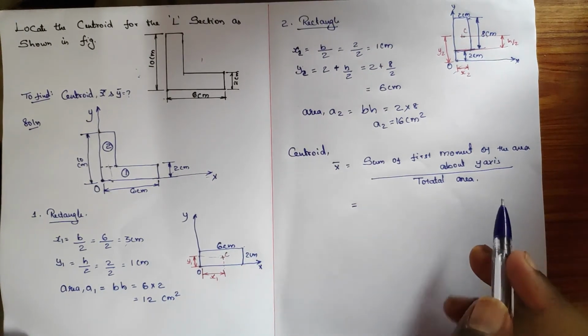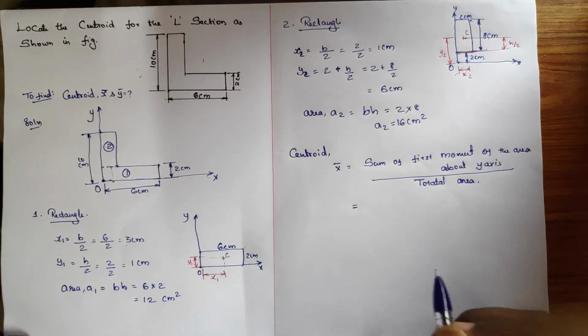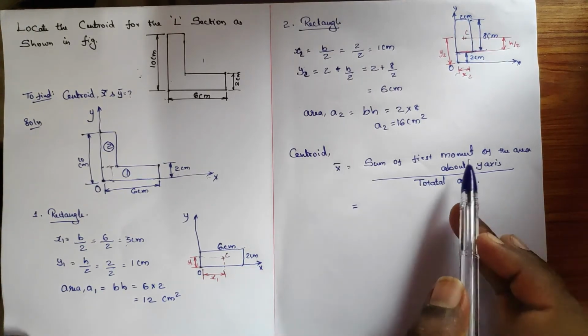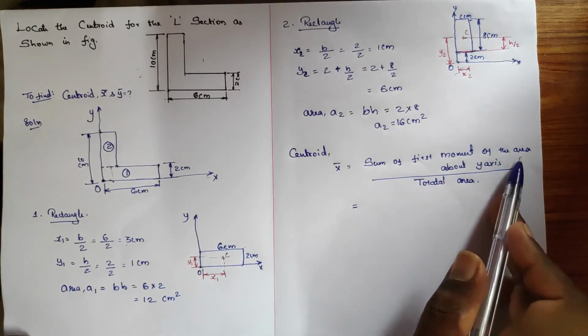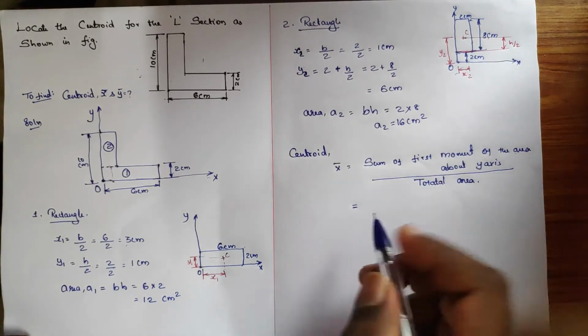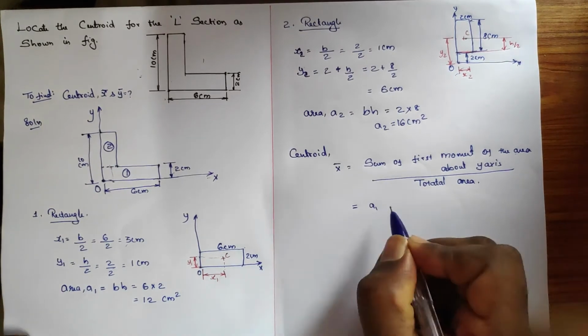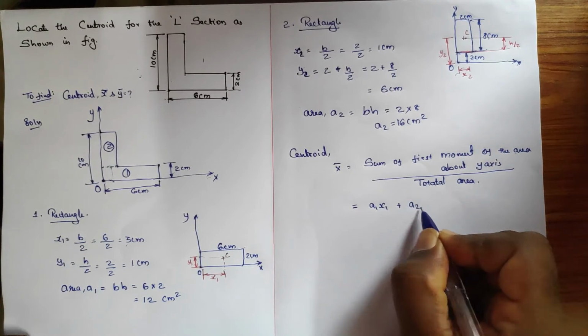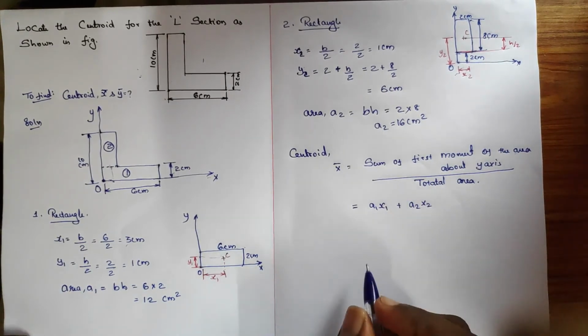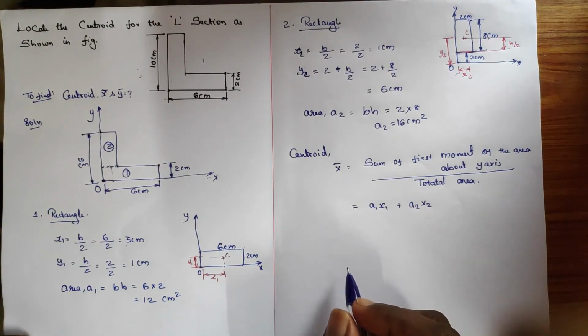Okay, so this formula can be simplified as the sum of first moment of area. Moment, we know, is nothing but force into perpendicular distance. So here, for the moment of area, instead of force it is area. So a1 x1 plus a2 x2 is the sum of first moment of area about the y axis.